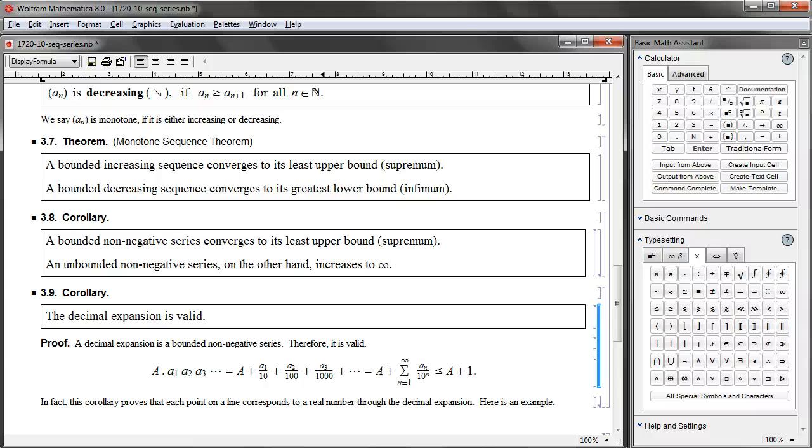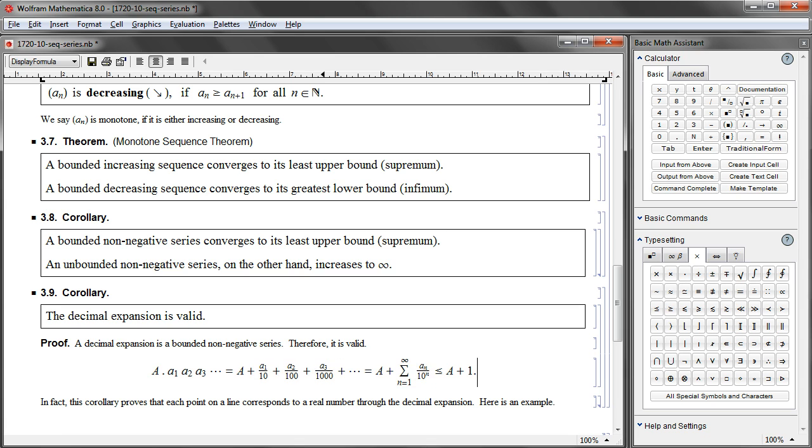What this theorem says is the decimal expansion is valid, and the proof is very, very simple. The decimal expansion is nothing more than an infinite series given by a, which is an integer part, plus a_1 over 10, the first decimal digit, plus a_2 over 100, plus a_3 over 1000, in general a_n over 10 to the nth power.